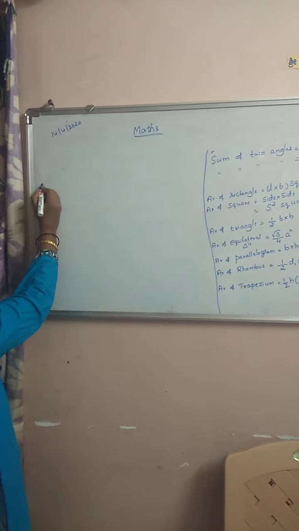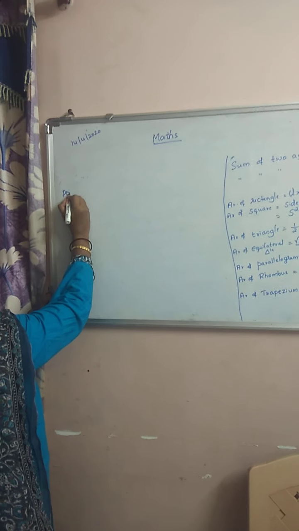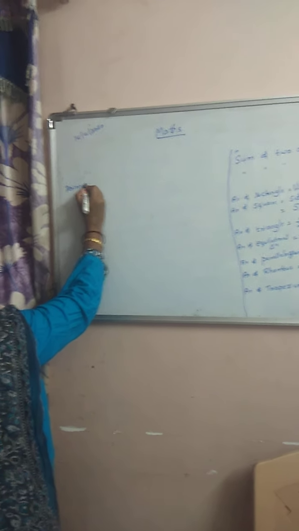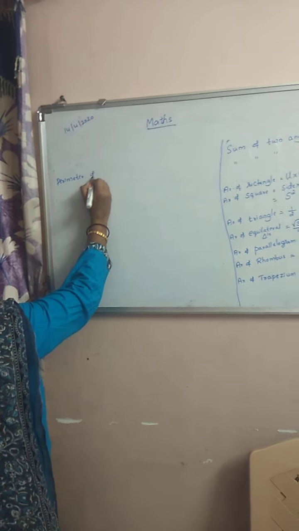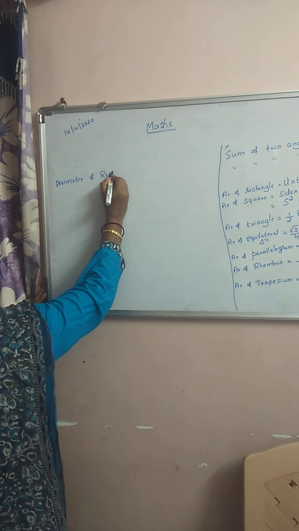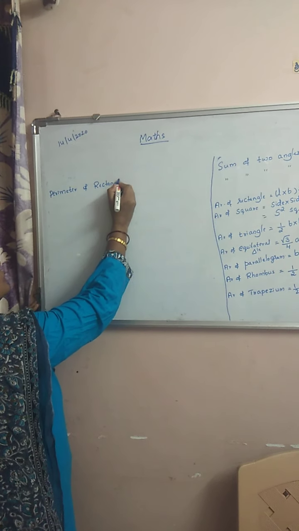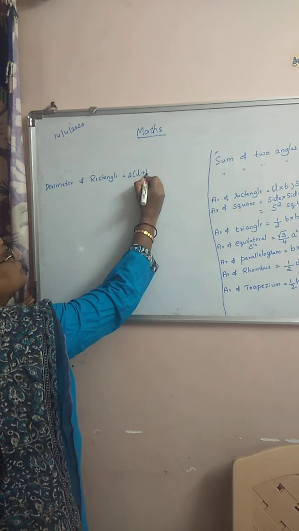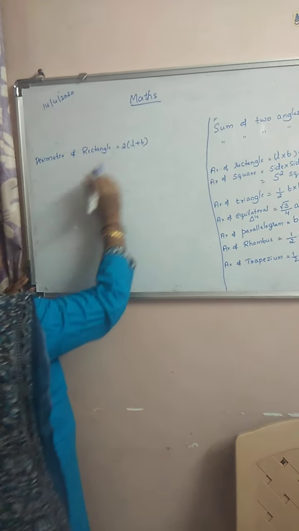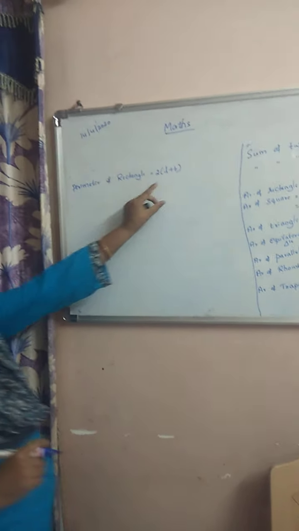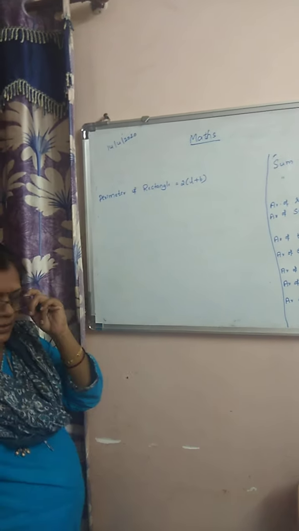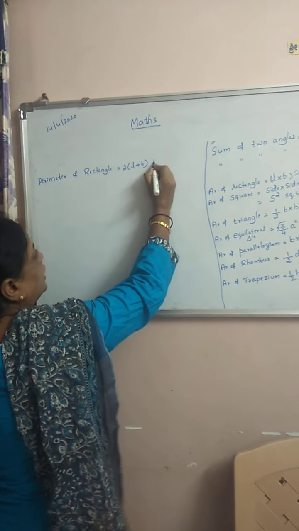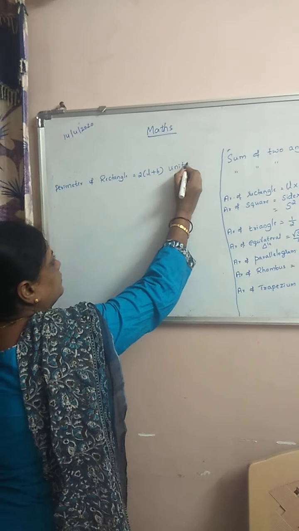What is the perimeter of triangle now? Sorry, perimeter of rectangle. Perimeter of rectangle is equal to 2(L plus B). Perimeter is calculated only in centimeters or meters, that's why you have to write units here.